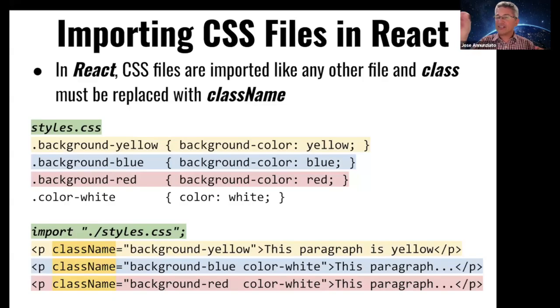So classes have a very specific meaning, a very specific role. So that we don't confuse classes with the attribute, when we are in the TypeScript and JavaScript world, we use className instead of class. Make sense? Other than that, we can use the classes like we would regularly in an HTML document.